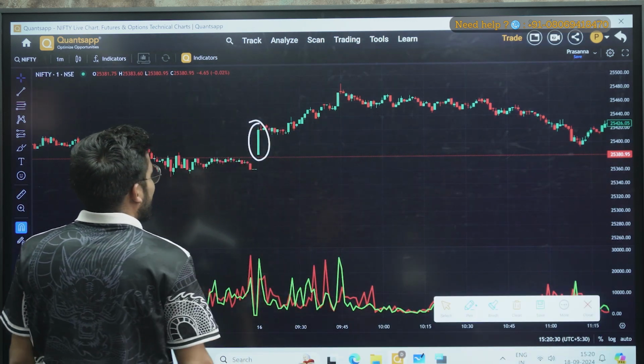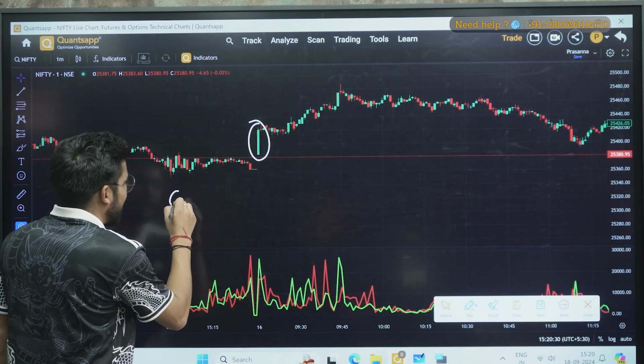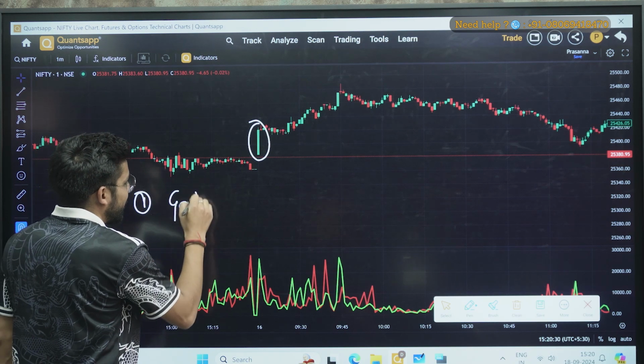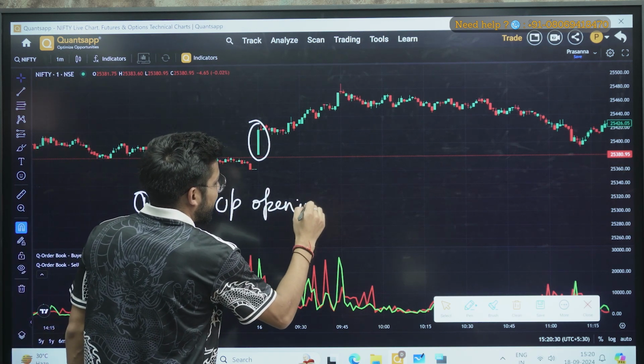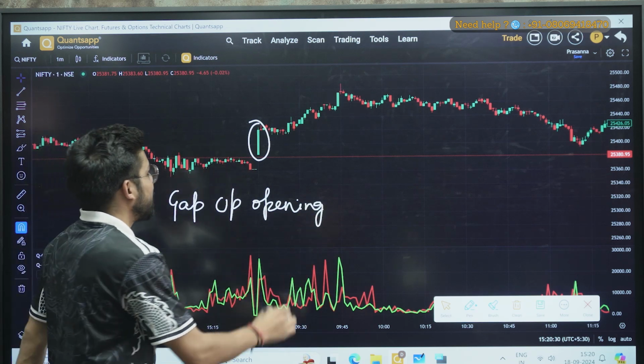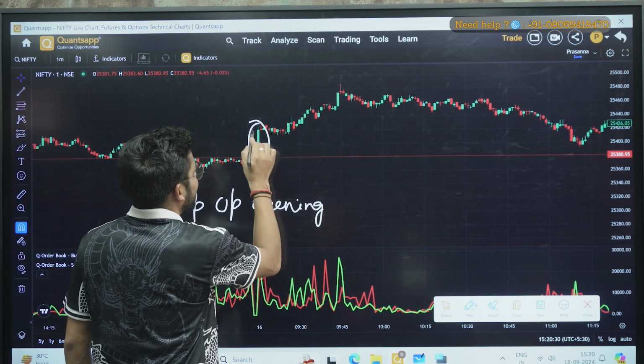Gap up opening. Now whenever there is a gap up opening, look at the first candle of the market.